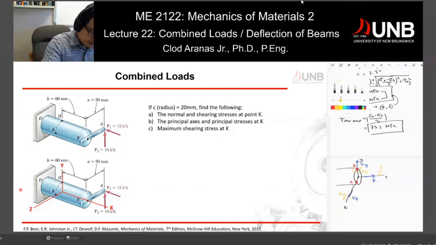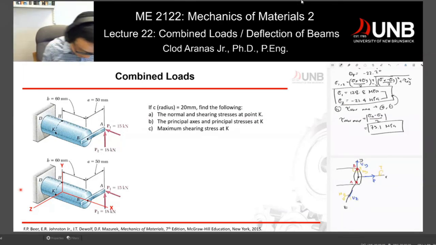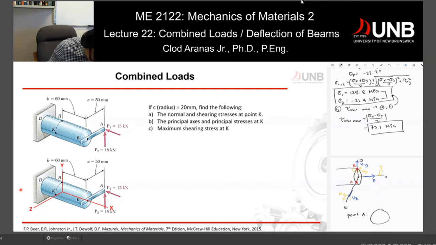Now the question here is, what if I look at different points? Let's look at point A. At point A, this would be our cross section here. So we are particularly interested in this one right here.